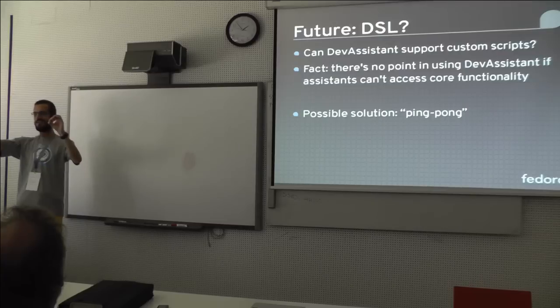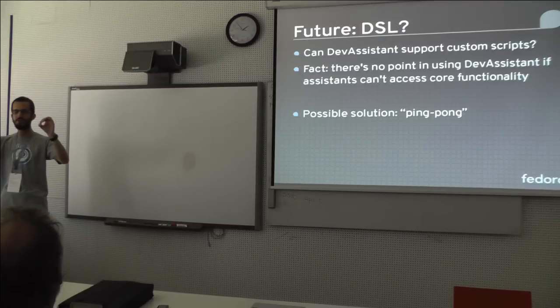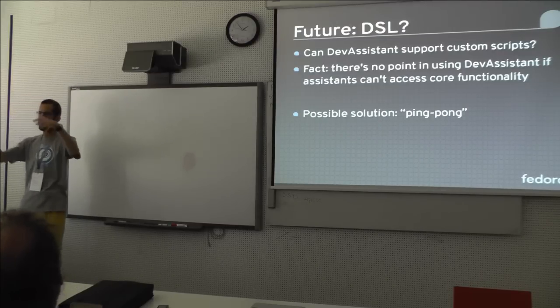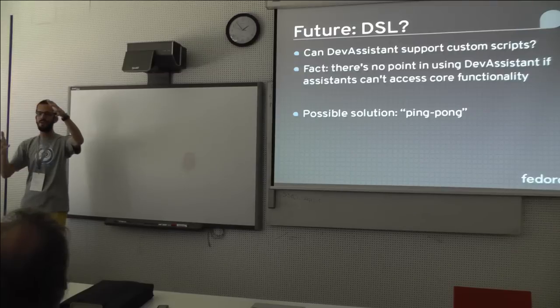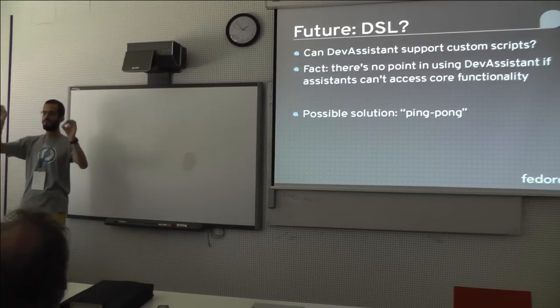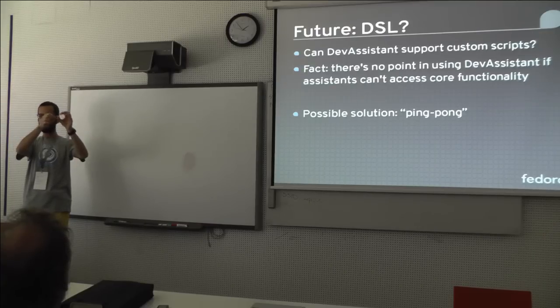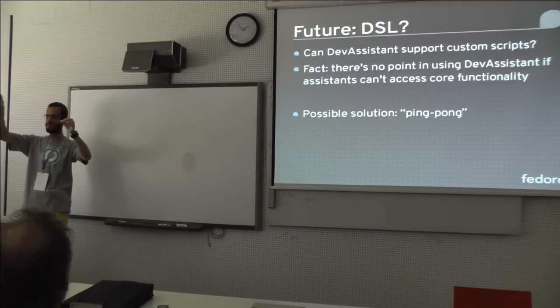So the assistant will be able to do some computing, and then it will want to create the GitHub repo. So it will tell DevAssistant core, hey, create a GitHub repo with this name for me. So DevAssistant core will create the repo, and then it will say, okay, I've done something, here's your result. And the assistant will just continue.